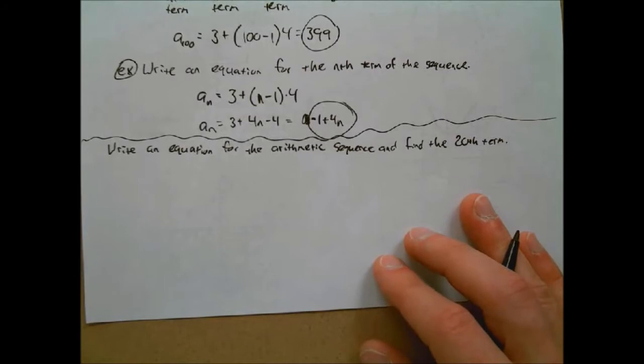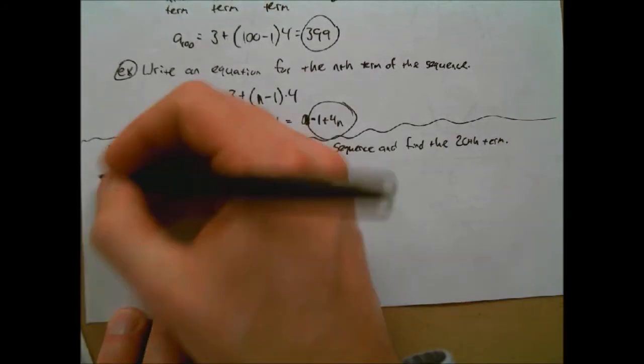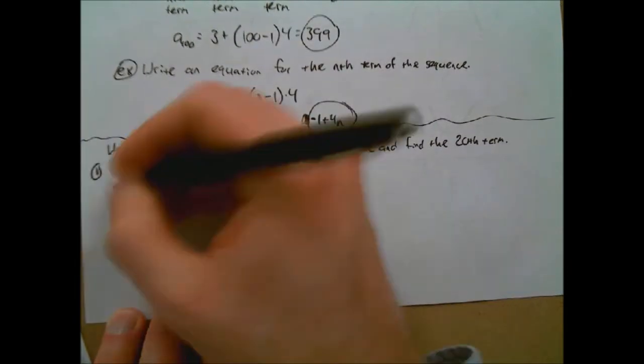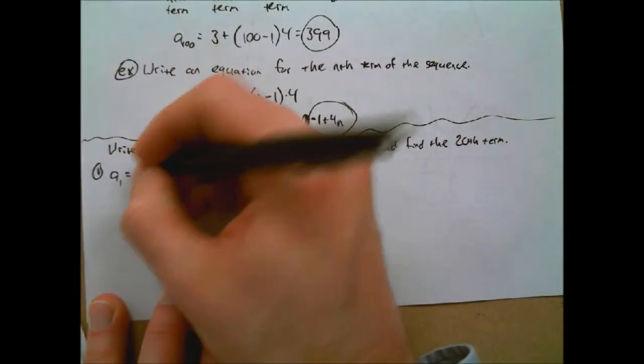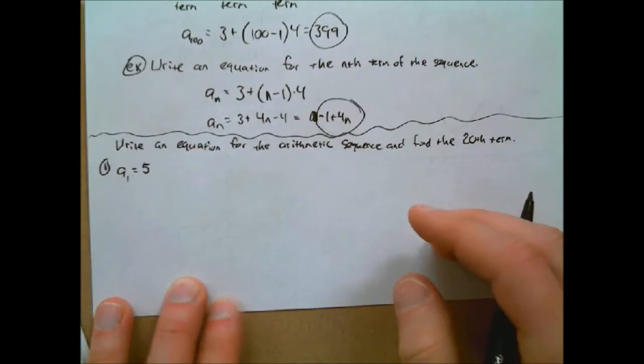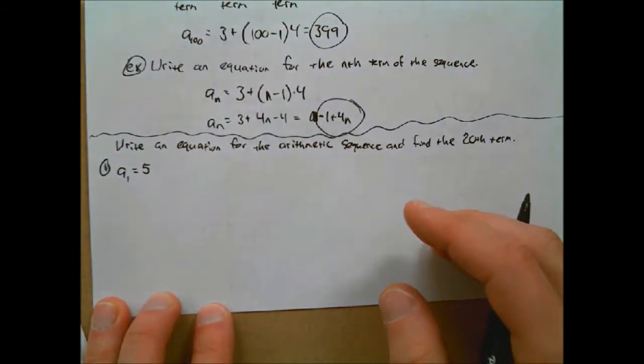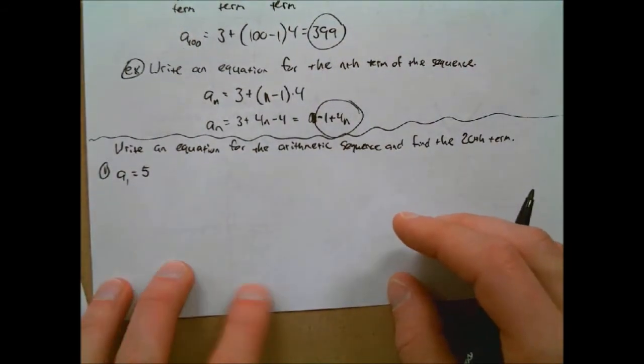All right, so first one, a sub 1 is equal to 5. What does that mean again in the context here? The first term of our pattern is 5.